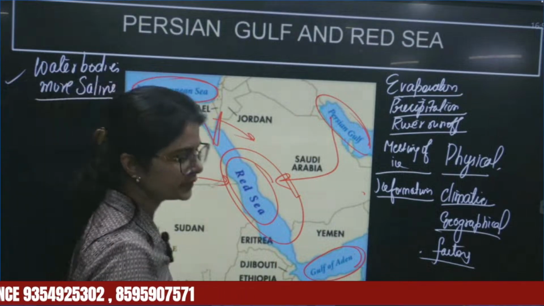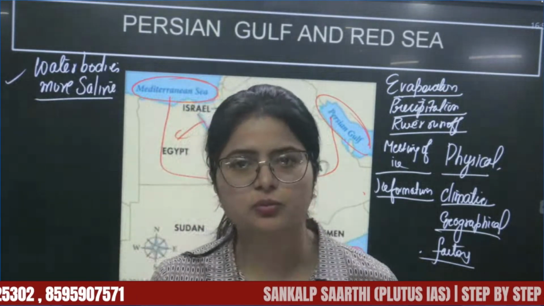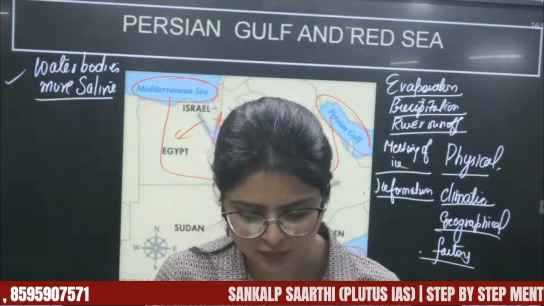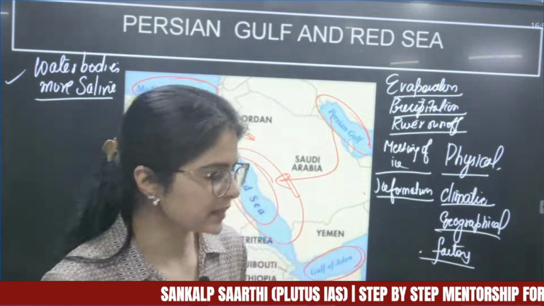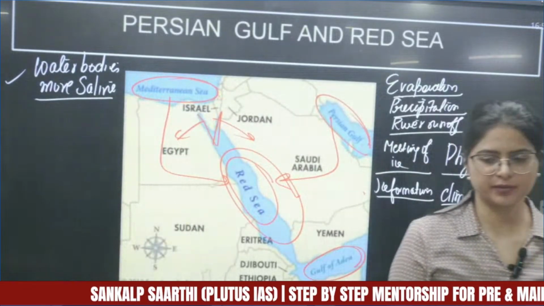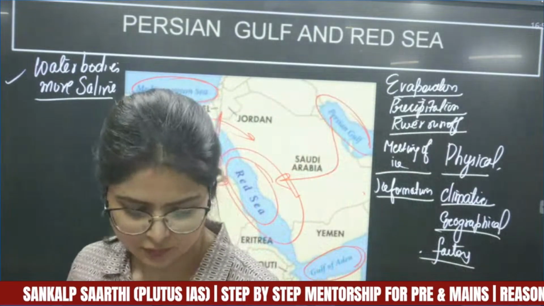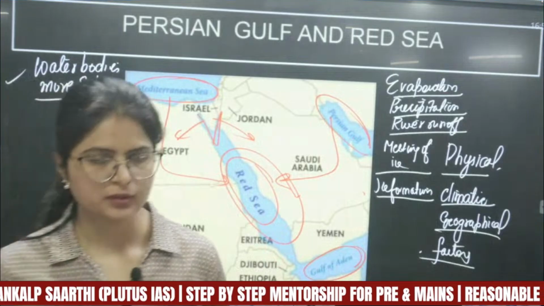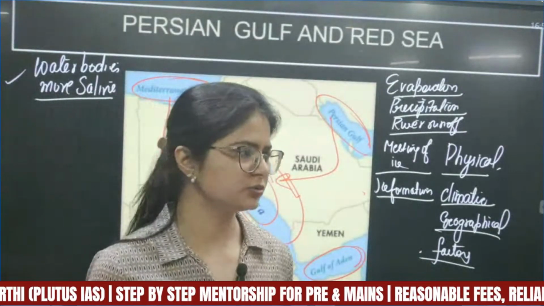Write down. Evaporation plays a major role in increasing ocean salinity in regions with high temperature, especially in subtropical regions or subtropical zones between 20 and 30 degree latitude.